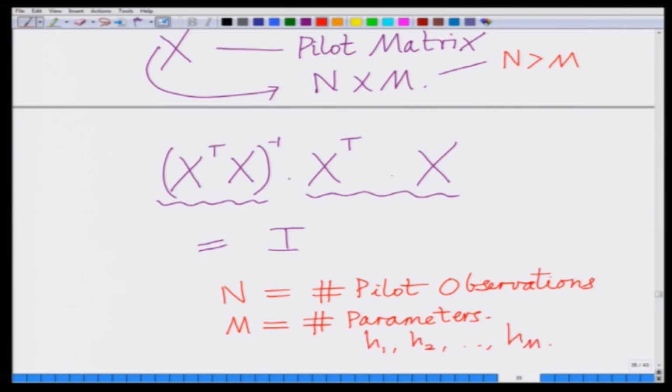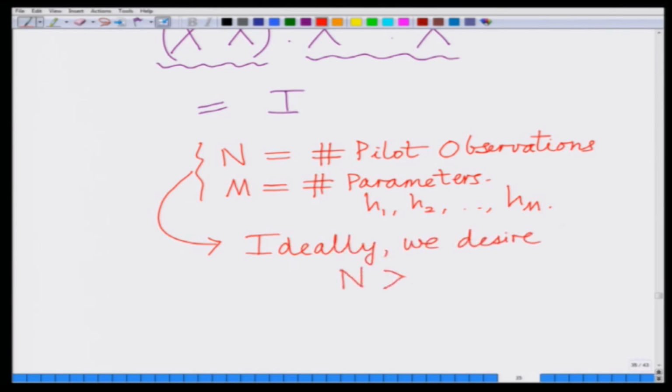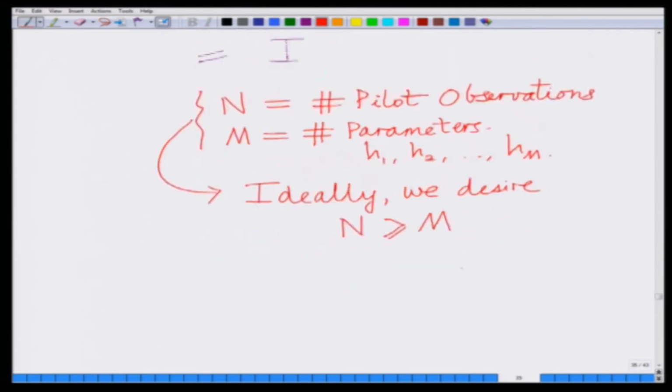Ideally we desire n to be greater than or equal to m.